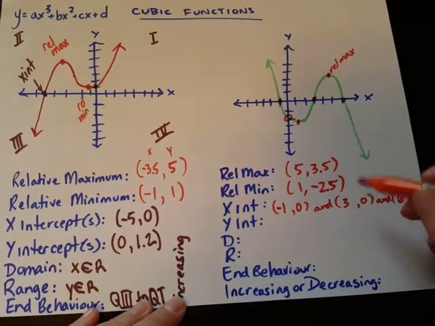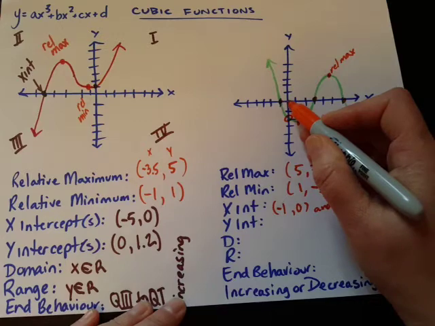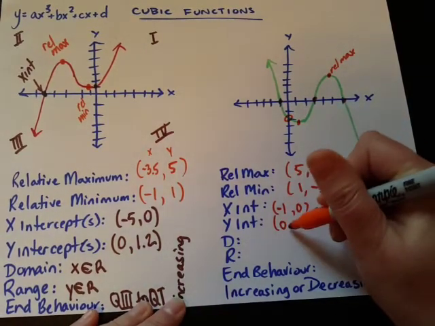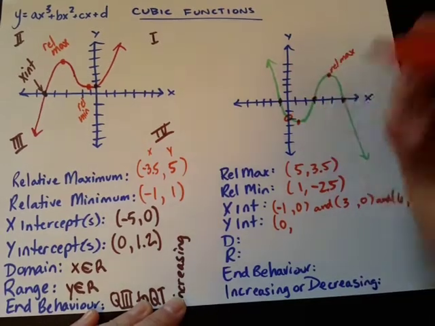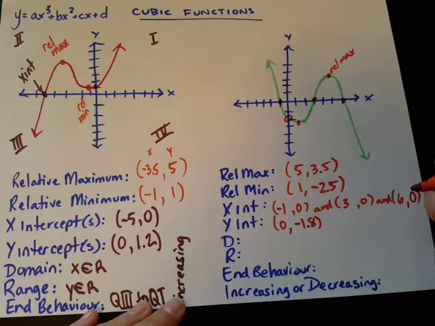The y-intercept, I kind of put it here. The rule is that the x value has to be 0. And let's go down to about maybe negative 1.8. It doesn't seem like it's all the way at 2 yet.